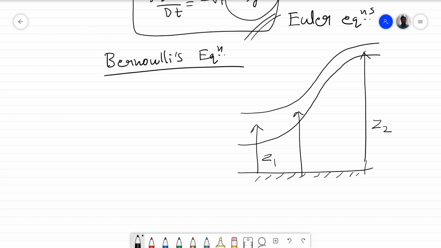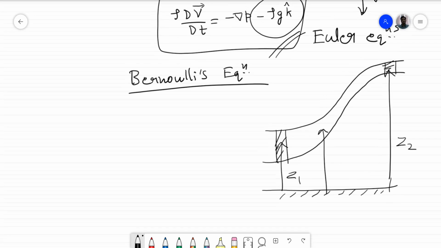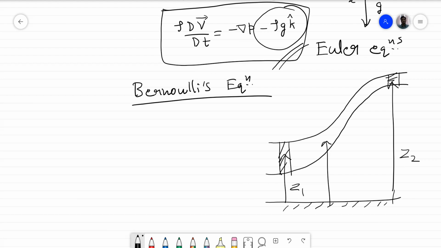And you can write this Bernoulli's equation in terms of energy contained in the fluid element at a certain cross section and at some other cross section. If you write the energy conservation equation between these two points 1 and 2, you will get Bernoulli's equation. But that can also be derived from this Euler's equation.